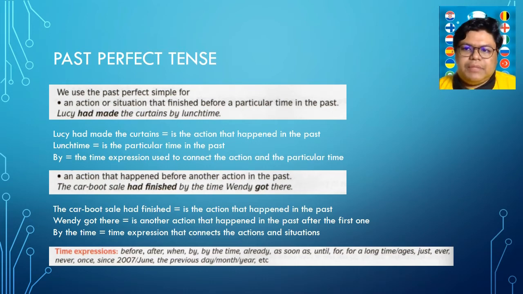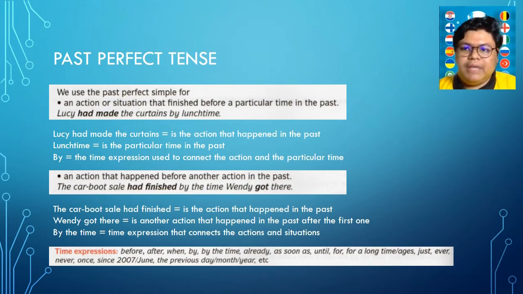Okay, so maksudnya dekat sini kita akan gunakan past perfect simple untuk bercakap tentang action ataupun situation yang berlaku in the past but finish before a particular time. Okay, dan action tu tamat ataupun selesai sebelum satu waktu yang tepat. Okay, contoh kat sini, Lucy had made the curtains by lunchtime.